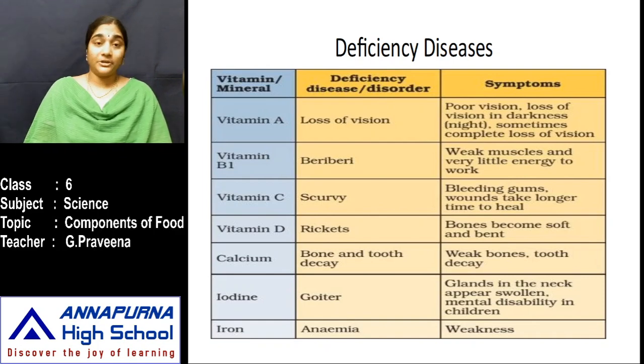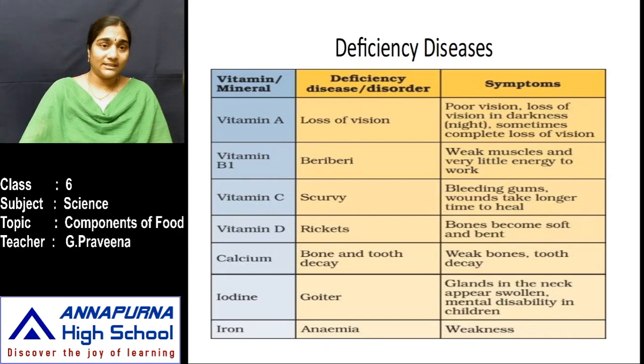Or if he is not including a proper amount of proteins, he'll have discoloration of the hair, many skin diseases, and also diarrhea. So deficiency diseases are caused when there is lack of nutrients for a longer period of time.